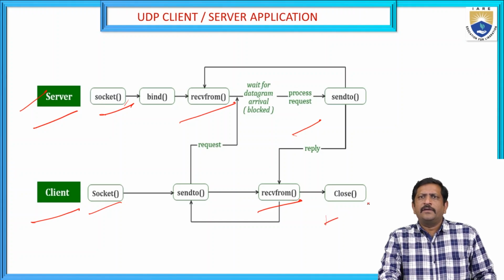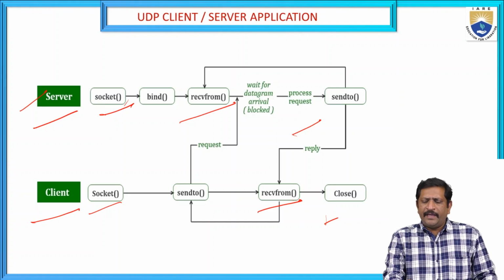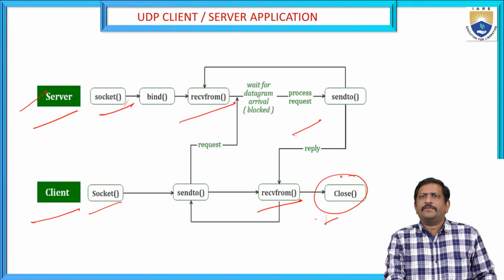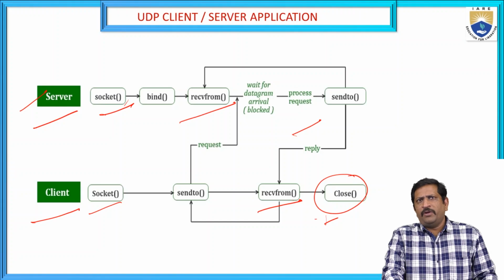The message is transferred and received successfully from the server. Now the connection will be closed. So this is the communication of a UDP client server application. With the help of this application, communication can be established from client to server and server to client.